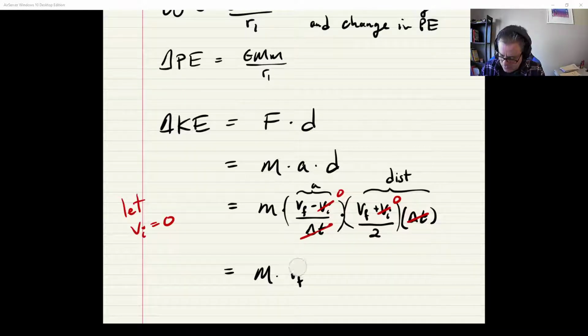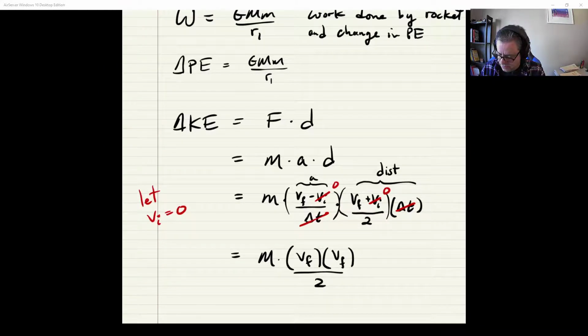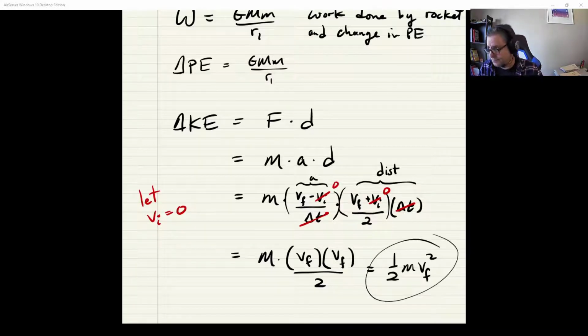Well, let's write it out one more time. We have the final velocity, another factor for the final velocity, all over 2. So this is the familiar 1/2 mv squared that you might see. Let's call it still the final velocity. That is my kinetic energy, the change in kinetic energy from 0 to some final velocity vf.